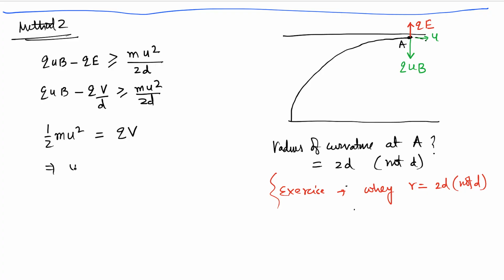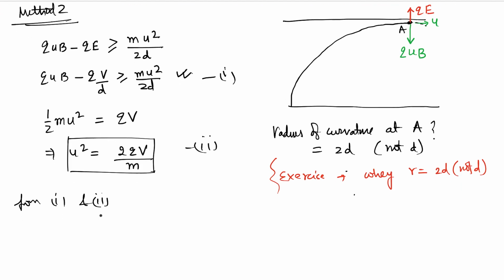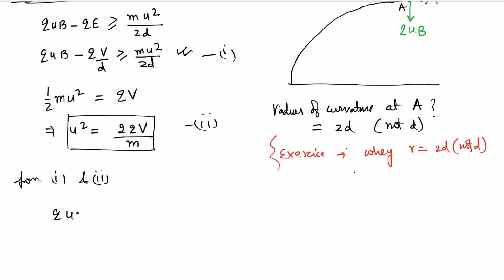Okay, so which means that u square is 2qV by m, right? So from here, let's say 1 and 2. From 1 and 2, we can just write quB minus qV by d should be greater than or equal to 2qV by 2d, which is qV by d.